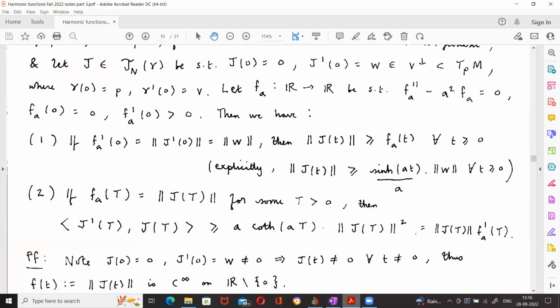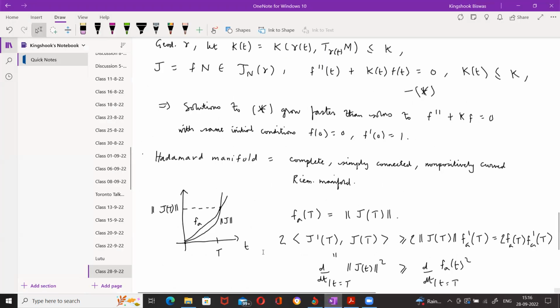So let's try and prove this now. Any remark or comment? Is the picture clear? So from T, the J is growing faster. That's what we are saying. Yeah, so I'm saying that basically, I'm choosing this FA such that it has the same value at the endpoints of this interval 0 to T, right?